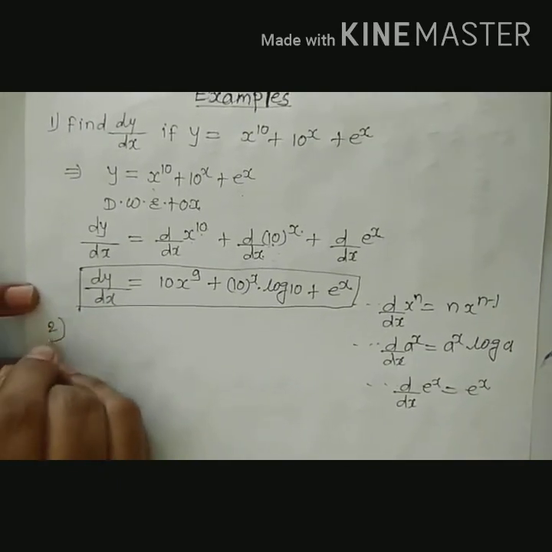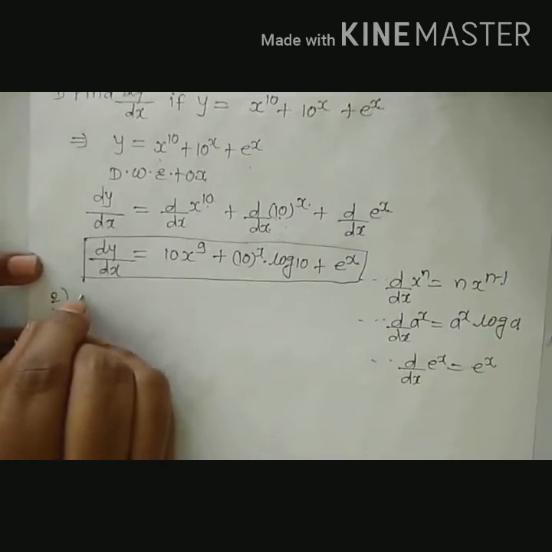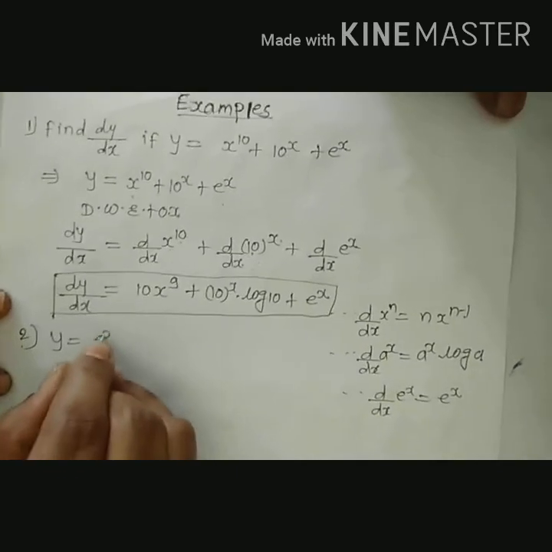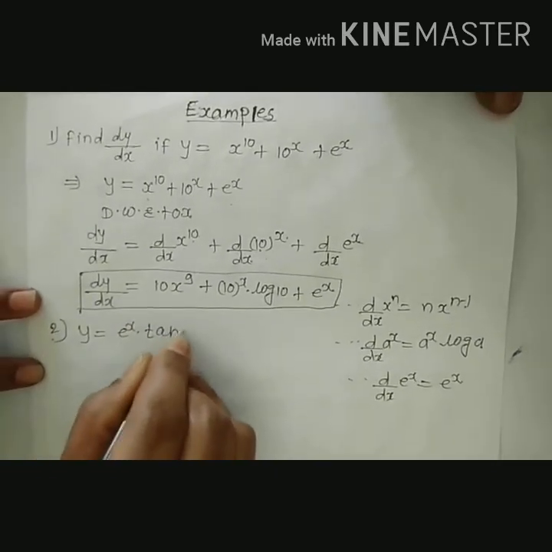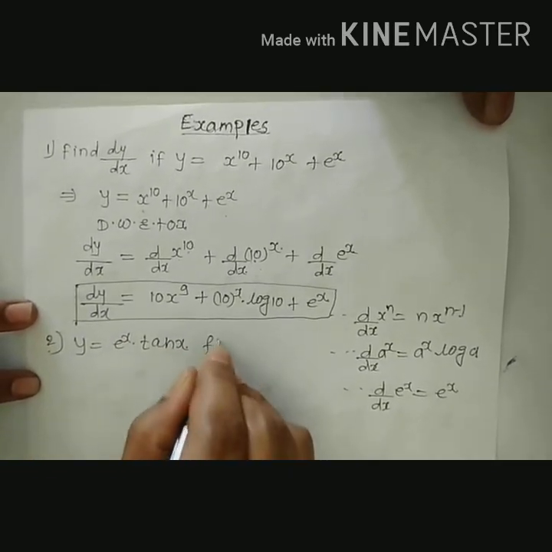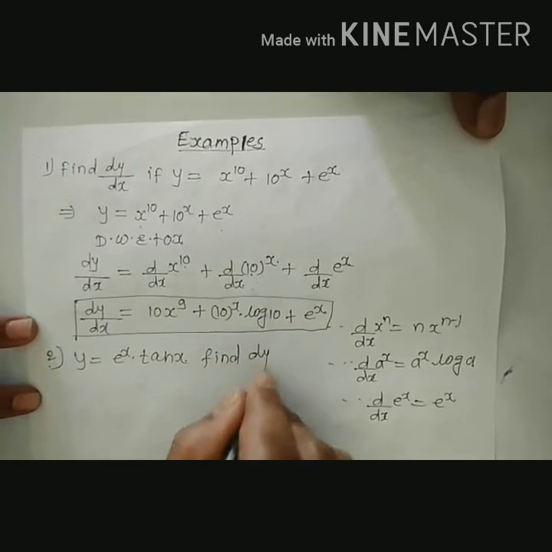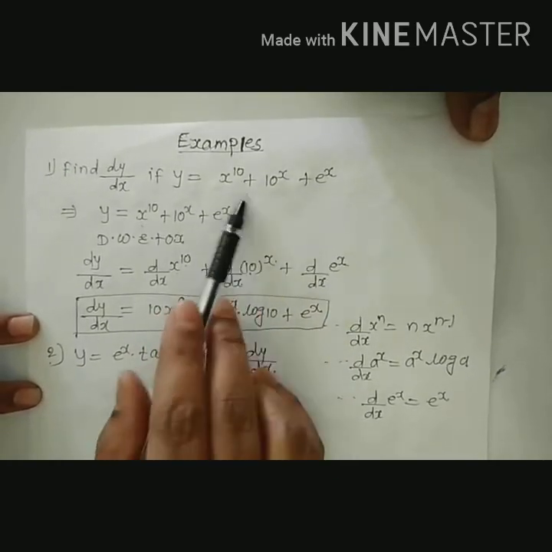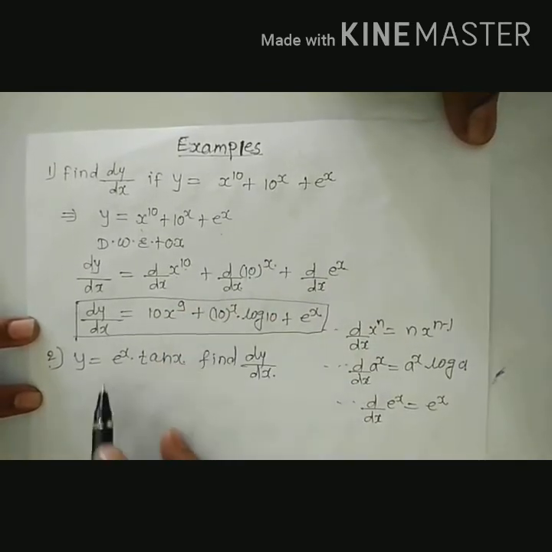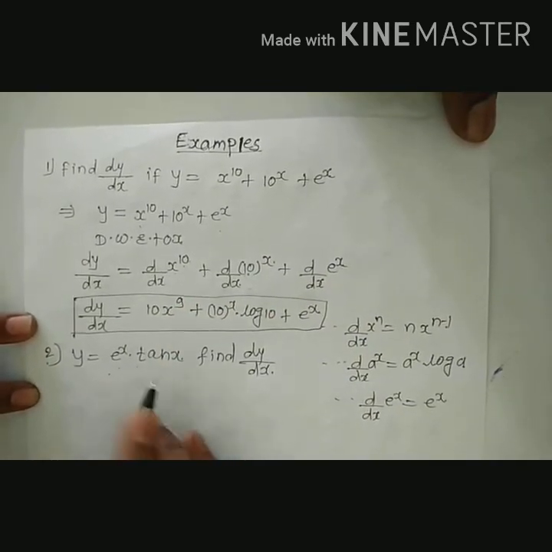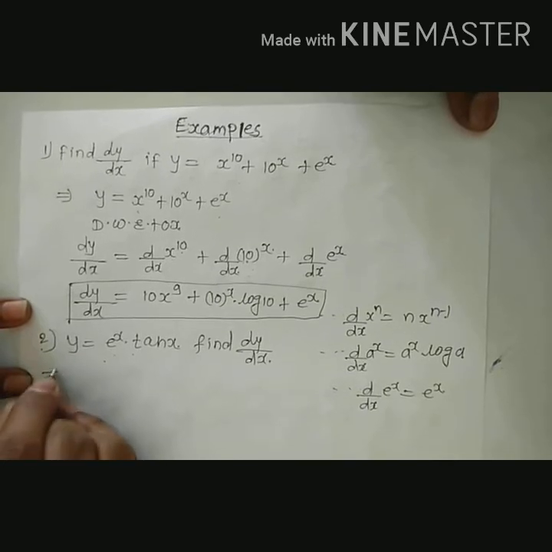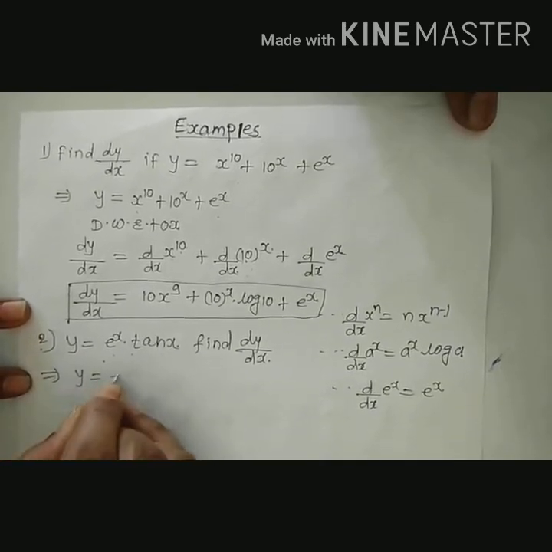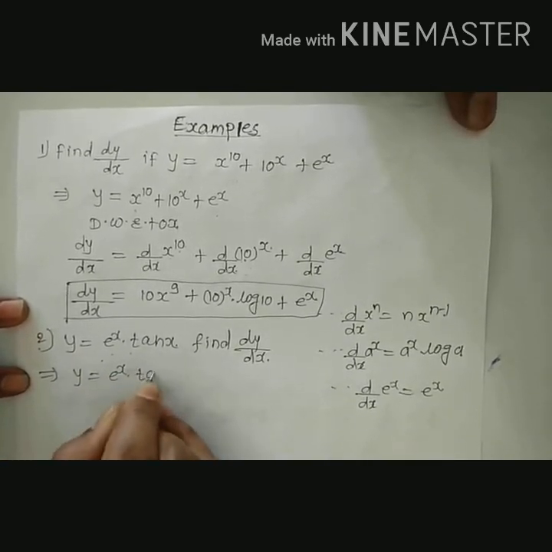Second example: y equals e raised to x into tan x. Find dy by dx. The first example was the sum of derivatives. In the second example, it is the product of derivatives. First write the given, y equals e raised to x into tan x.